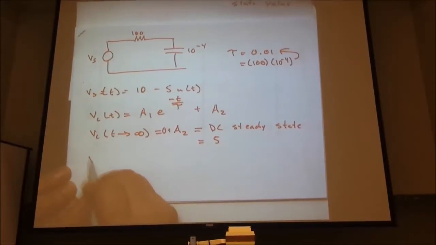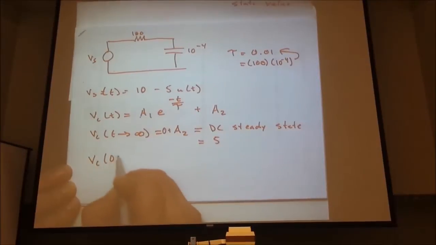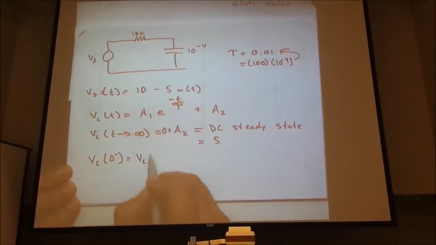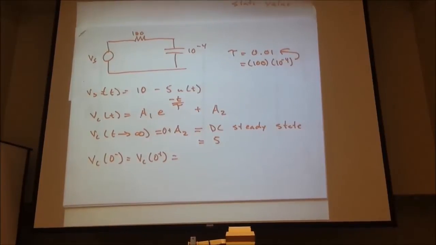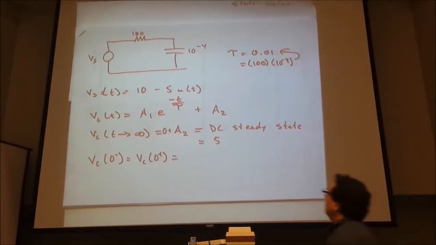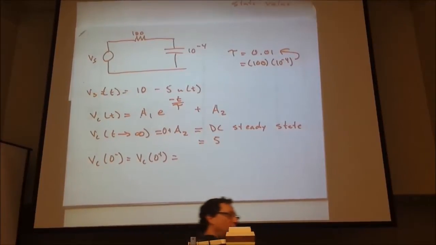And we know our initial condition is 10 volts, so we can say VC of 0 minus equals VC of 0 plus. And I'm sure we did this problem last week, so I'm doing it fairly quickly. But it's 10 volts for all time, since the beginning of time, I should say. So at t equals 0 minus, it's 10 volts across the capacitor.